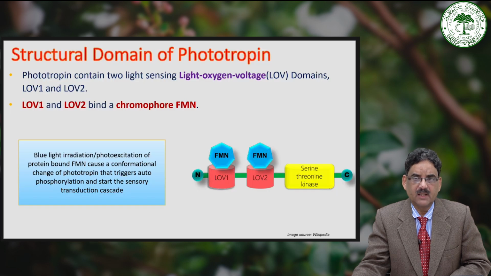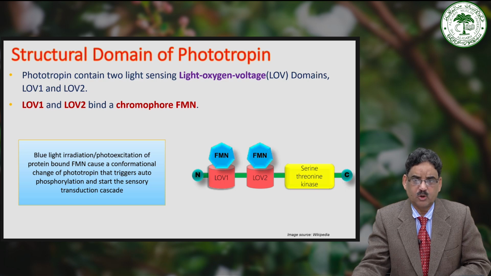Coming to the structural domain of phototropin, in contrast to cryptochromes, which are predominantly localized in the nucleus, phototropin receptors are associated with the plasma membrane, where they function as light-activated serine threonine kinases.